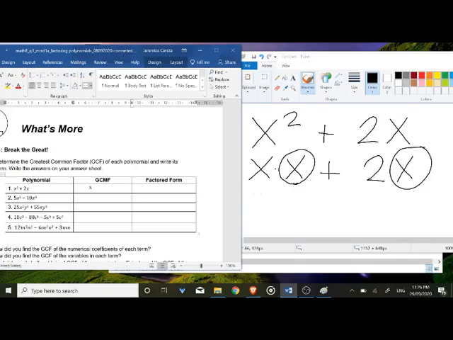So again, pag binasa nyo po yung steps natin sa module na to, ang sinasabi doon para makuha ang isa pang factor na kasama ni GCMF, you have to divide the greatest common monomial factor to each term. See, i-divide natin kay x squared at saka kay 2x.